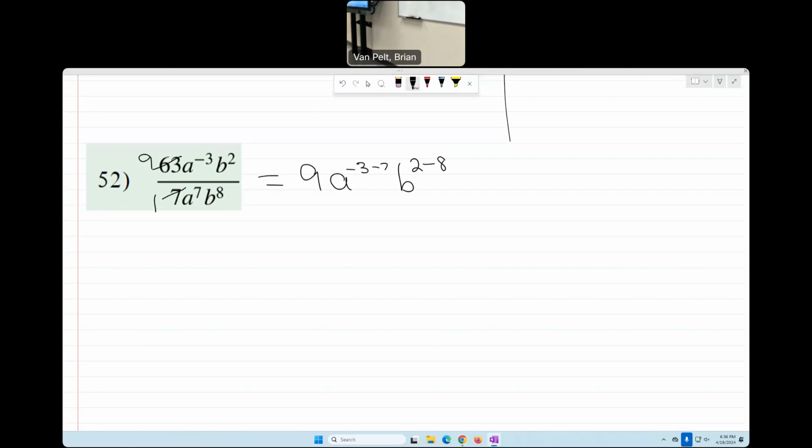Now let's see what we get. 9a to the -10, b to the -6. Do we know what to do with these exponents that are negative? Bring them down below. 9 divided by a to the 10, b to the 6.